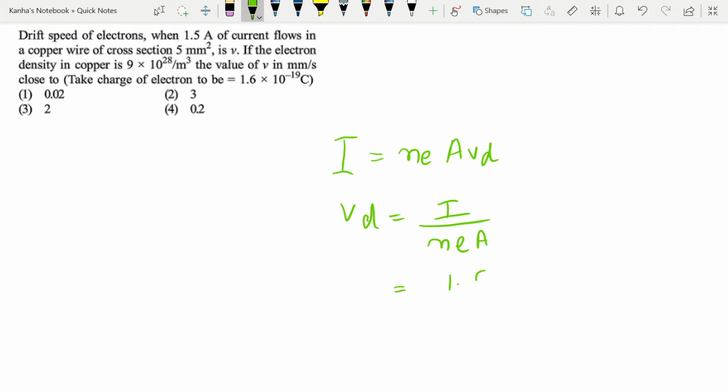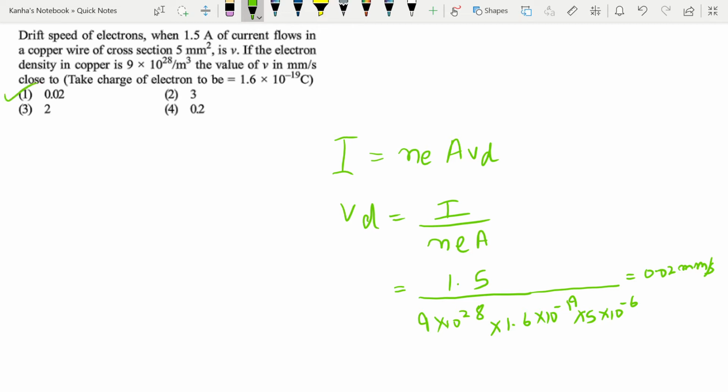So I have 1.5 divided by 9 into 10 to the power 28 into 1.6 into 10 to the power minus 19 into 5 into 10 to the power minus 6, which is equal to 0.02 millimeter per second, or basically the first one is the answer.